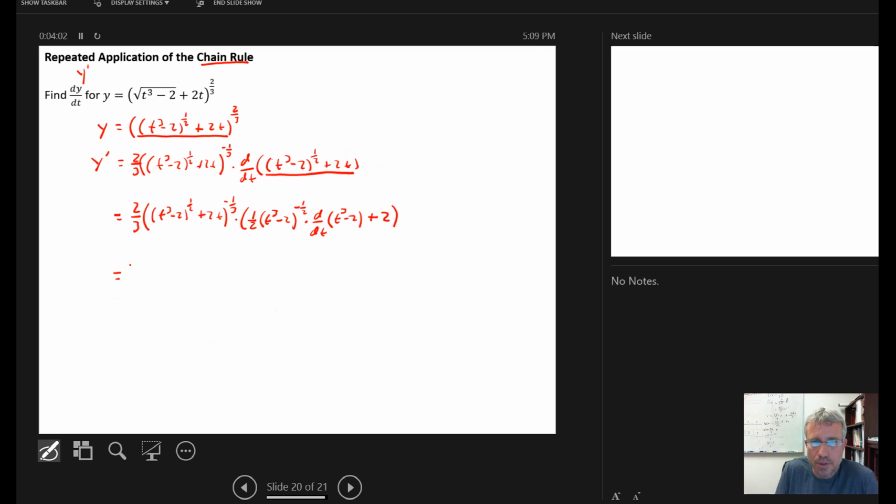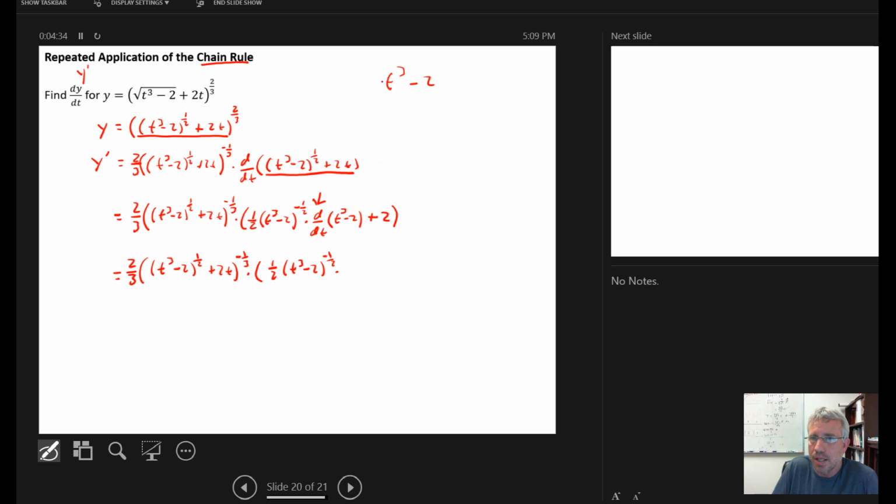So equals. I still have another derivative to take right here. So it's going to be 2/3 times, I've got the t cubed minus 2 to the half plus the 2t all to the negative 1/3 power times, I've got the 1/2, the t cubed minus 2 all to the negative 1/2 power times, now I need to multiply by the derivative of t cubed minus 2, so apply the general power rule to the t cubed.